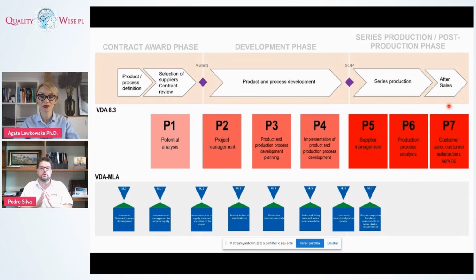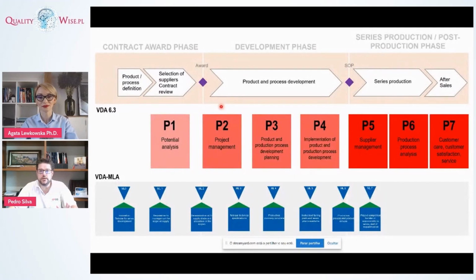So VDA 6.3 deploys itself according to the life cycle of the product. We will have the so-called process elements, okay? Each process element will focus on a specific topic of the product life cycle, and along that it will cover the entire product life cycle.